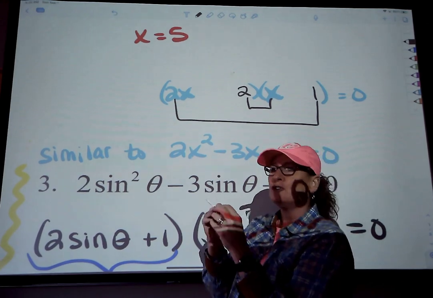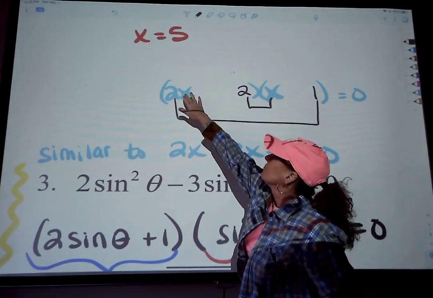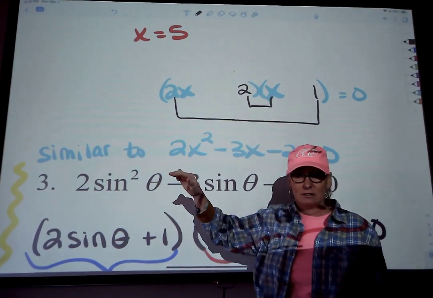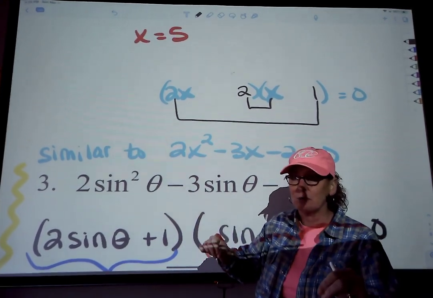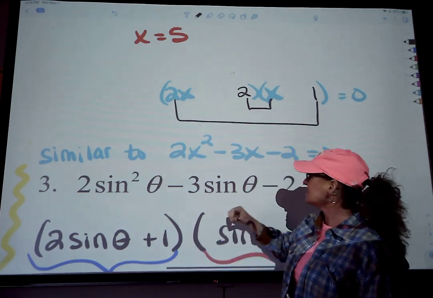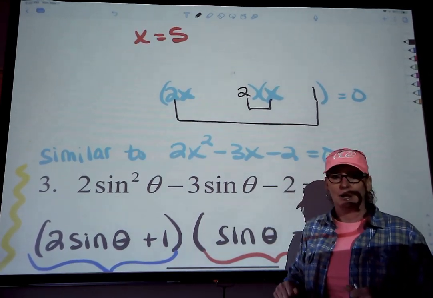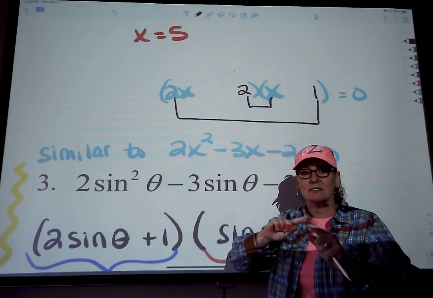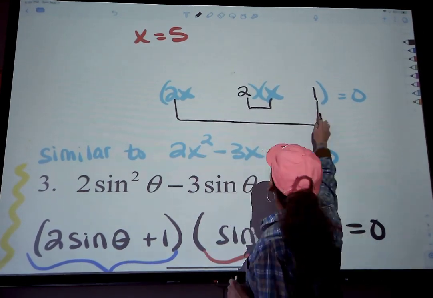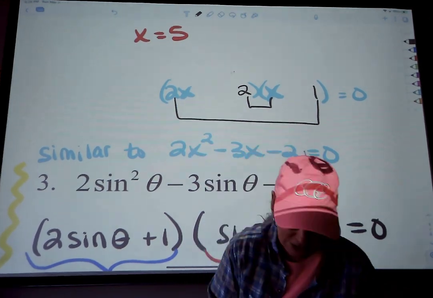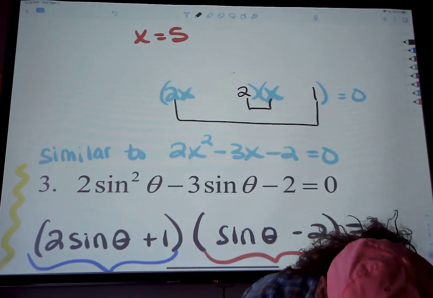So can you do any combination of a 2x and a 2x? Can you add them? Can you subtract them? Do either of those combinations get you a 3x in the middle? No. Maybe I put them in the wrong place. Why does their place matter? Because whichever one goes here gets multiplied by a 2. So swap them around.